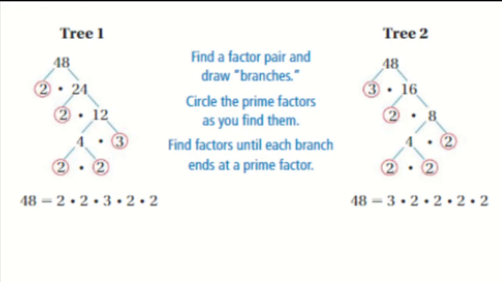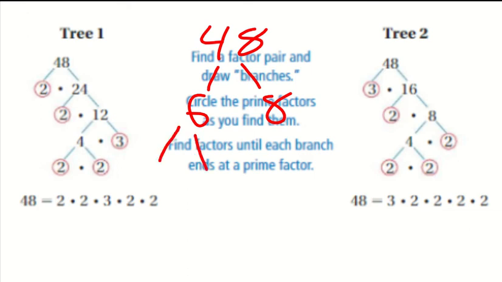If I were doing it, if I have 48, what two numbers multiply to make 48? The first two I think of actually would be 6 and 8. And then we just kind of keep breaking it down. To make 6, that'd be 2 times 3, right?